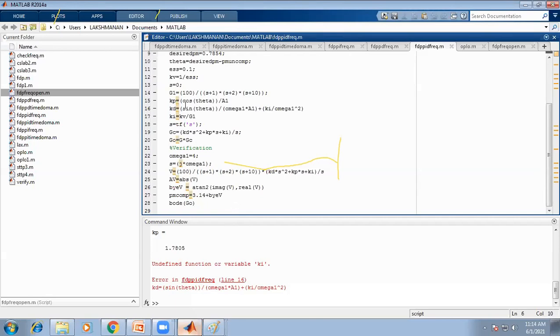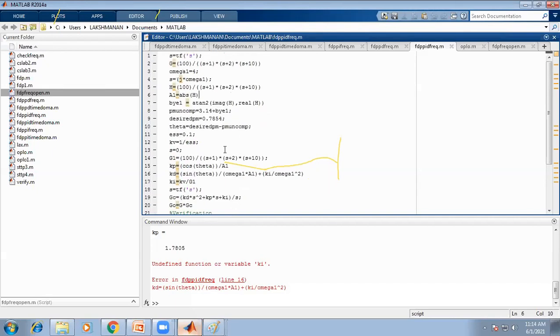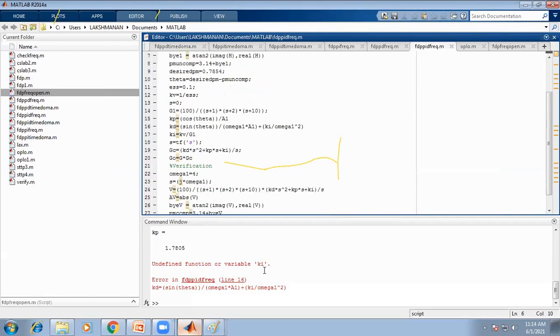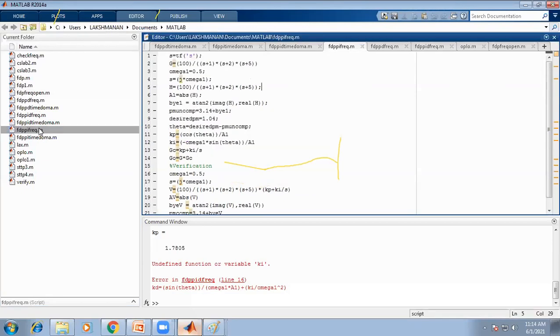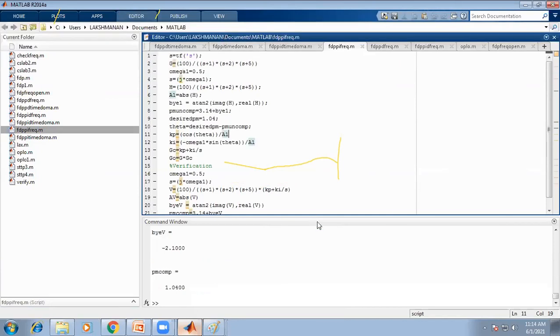KD, some problem in that, omega 1. Yeah.